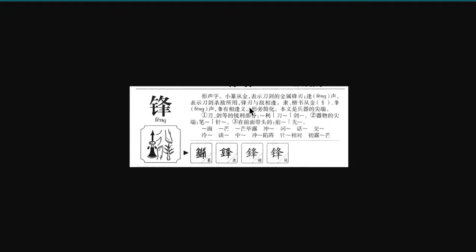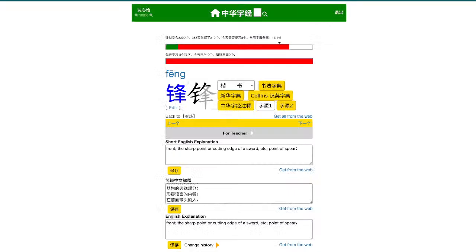That's the precise part that will meet the enemy's body or weapon, and that's why they use this feng to build this character. Now the simplified version, they simplified it by getting rid of the walking radical on the right-hand side character feng. So that's feng.